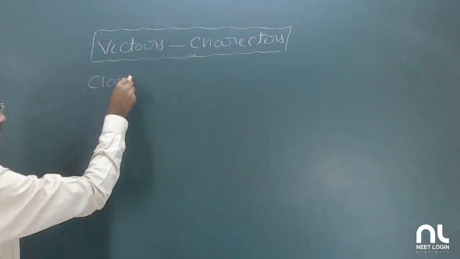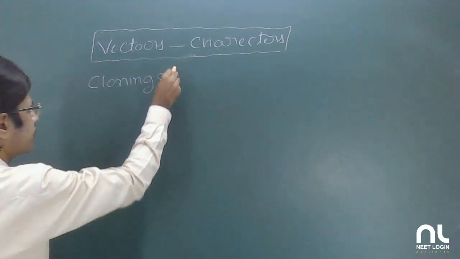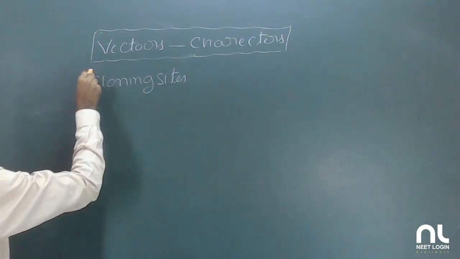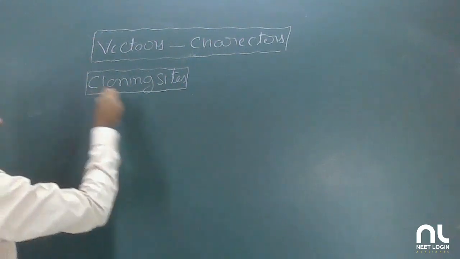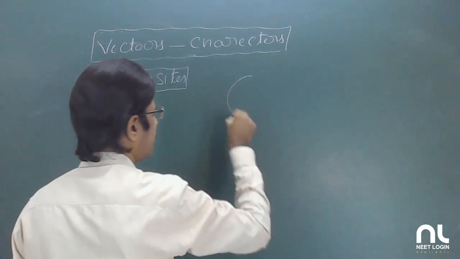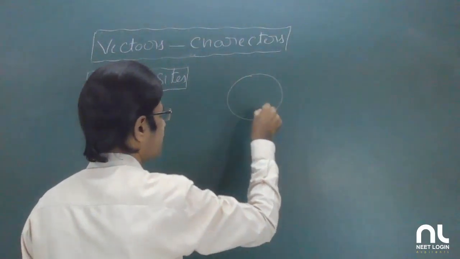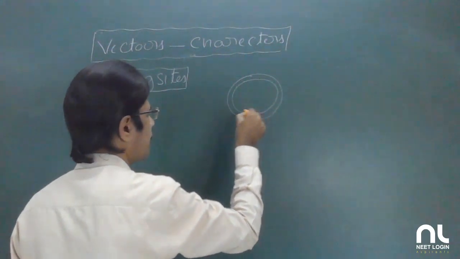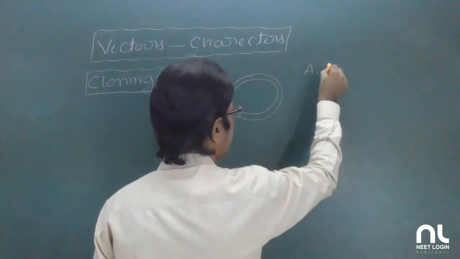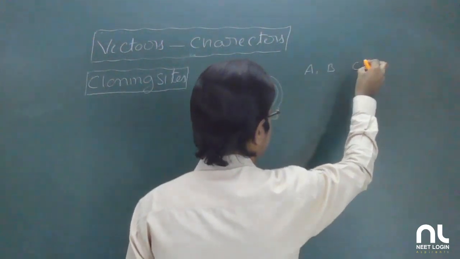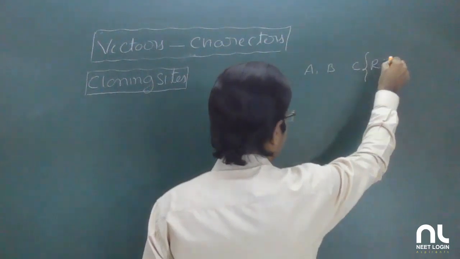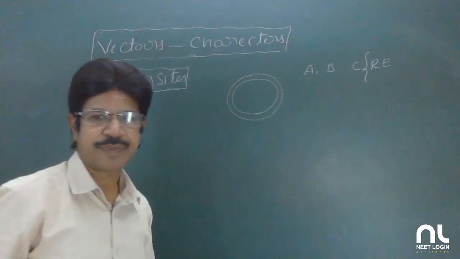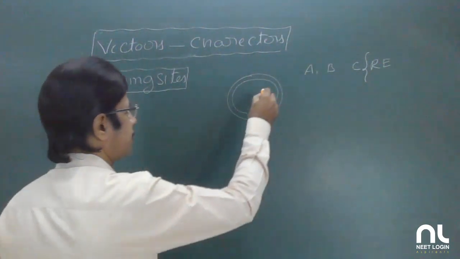And cloning sites. The third aspect, it is cloning site. Suppose it is the vector. Suppose A, B, C, which are restriction enzymes.